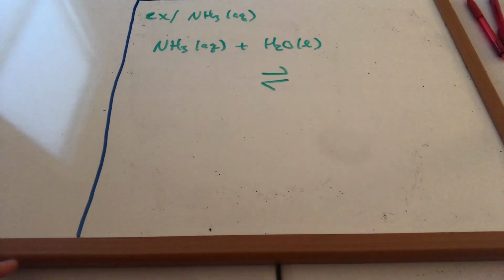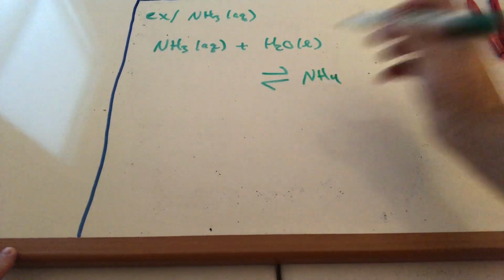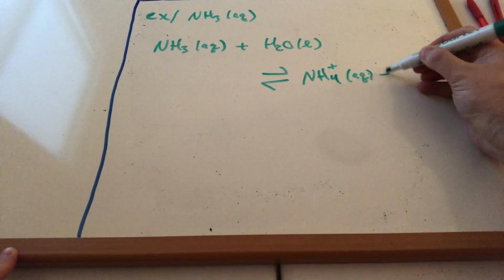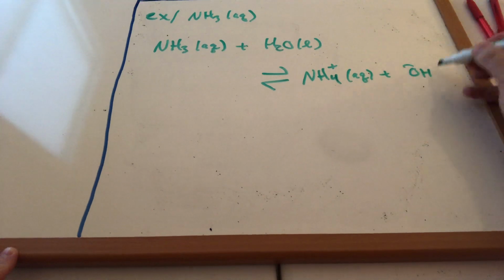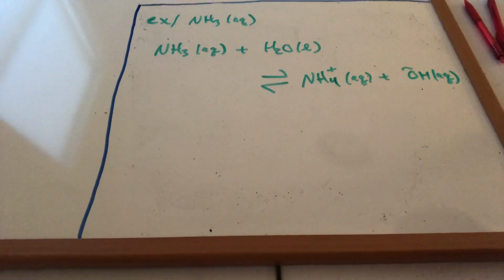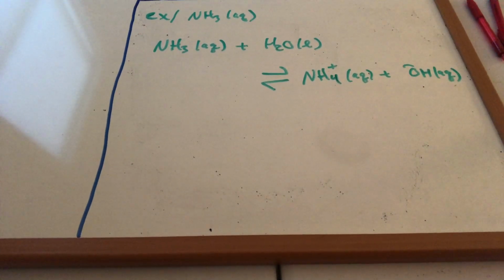When it's placed in water, what we get generated on the right-hand side with an equilibrium is NH4 plus and OH minus. All right, so this is a very important reaction for us. So pause the video, see for yourself now. Can you identify the acid, the base, and the conjugate acid and the conjugate base?